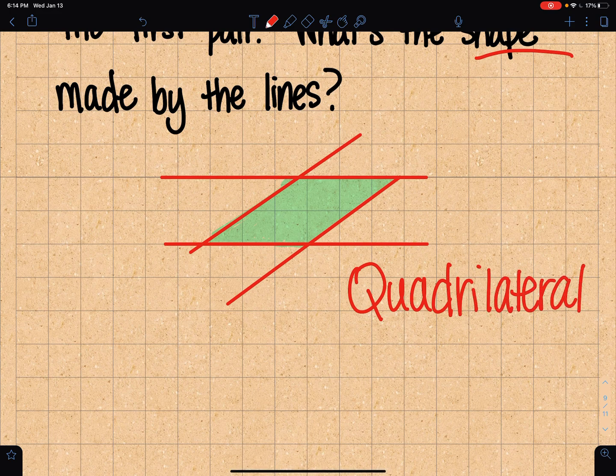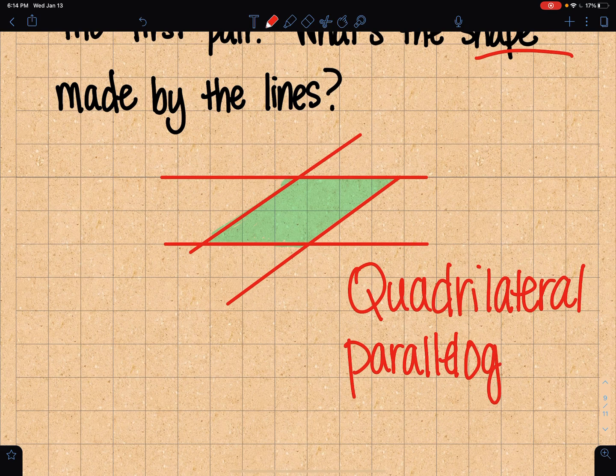But what type of quadrilateral? And I think you can see it's a parallelogram. Because of the definition, sorry about my bad handwriting, of a parallelogram, it has two sets of parallel lines. These are parallel and these are parallel. Okay, cool.